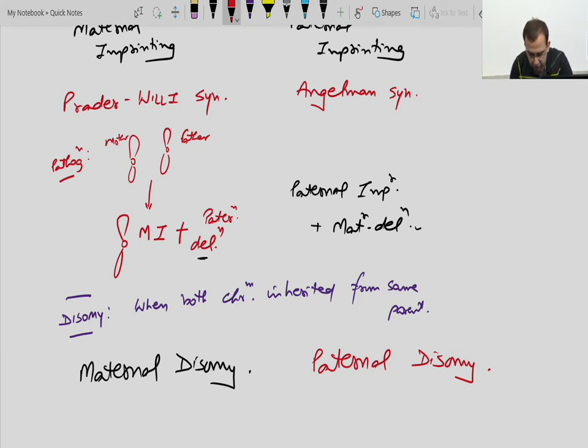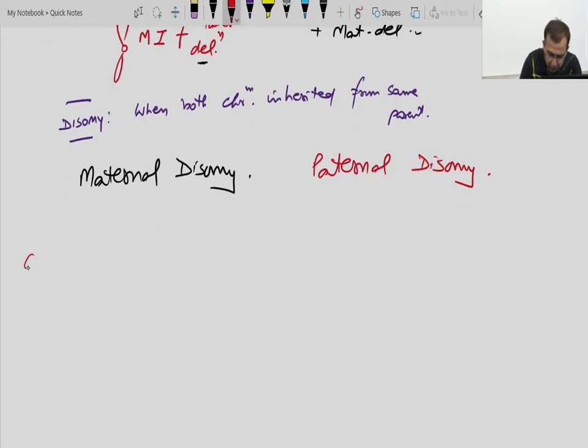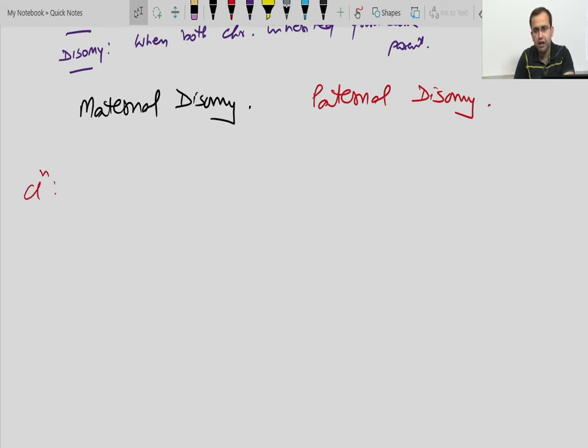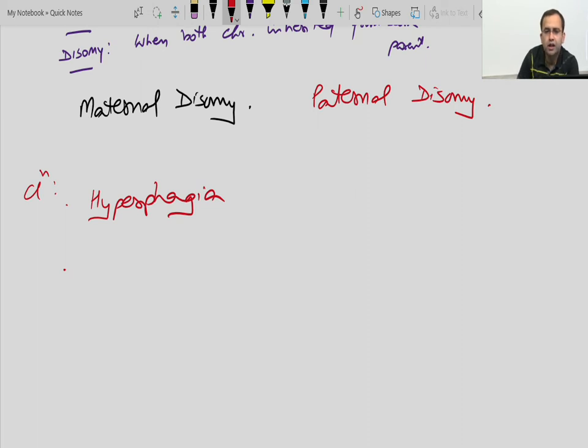Last point, clinical features. Continue the same flowchart. Prader-Willi. If the mother is not at home, father and son sit in front of TV and eat food whole day. So it is associated with hyperphagia. Father is not taking the child to play basketball.